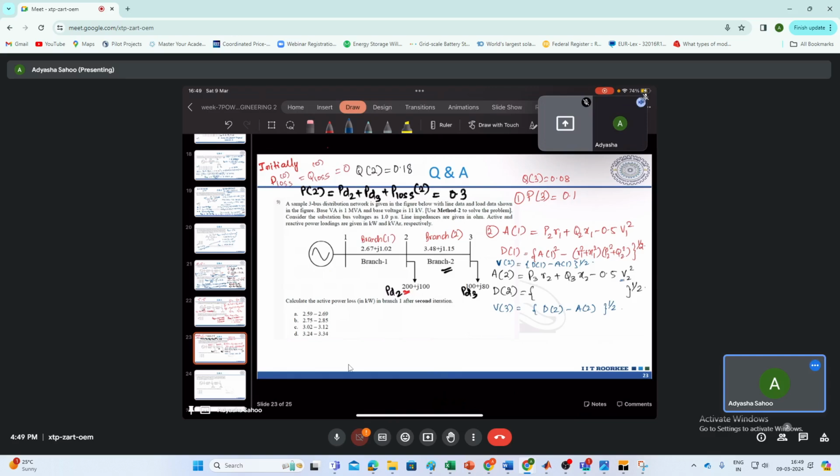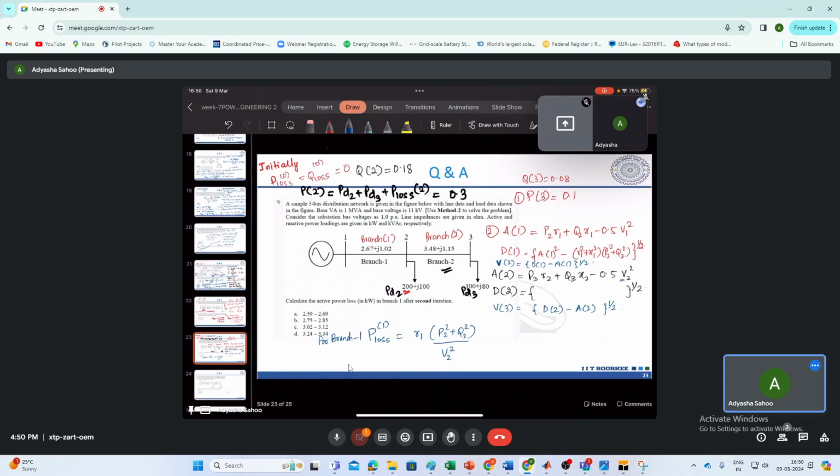So this after first iteration it is asking, or two iterations, second iteration. So similarly you will do the second iteration also, and after calculating that, basically you will get the loss. So after first iteration, what will be the loss? P loss 1 for branch 1 will be R1 into P2 square plus Q2 square divided by V2 square.